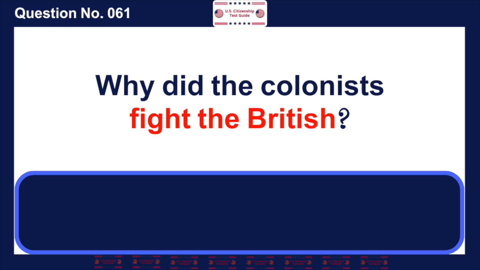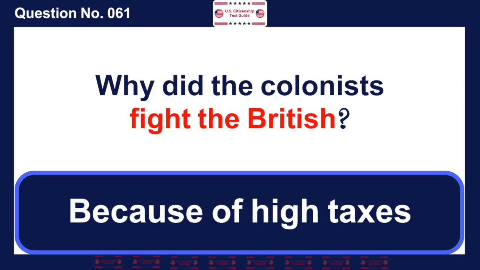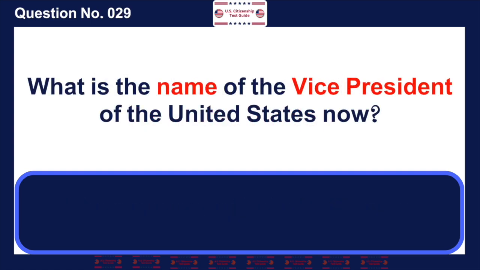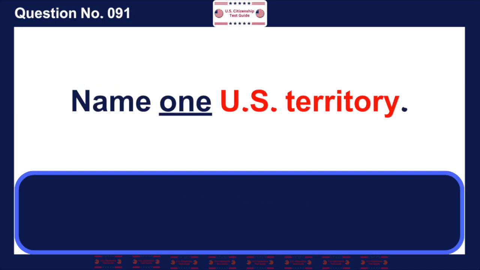Why did the colonists fight the British? Because of high taxes. What is the name of the Vice President of the United States now? J.D. Vance. Name one U.S. territory.